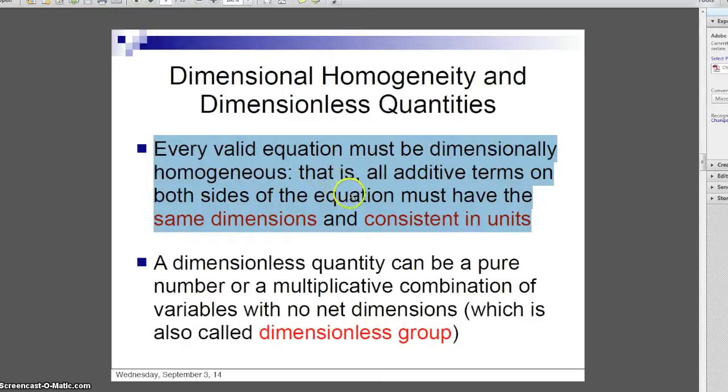That is, all additive terms on both sides of the equation must have the same dimension and consistent units. So basically, we can say the left side and the right side of the equation must have the same units.